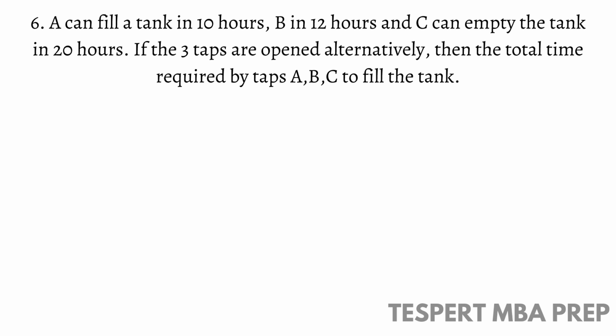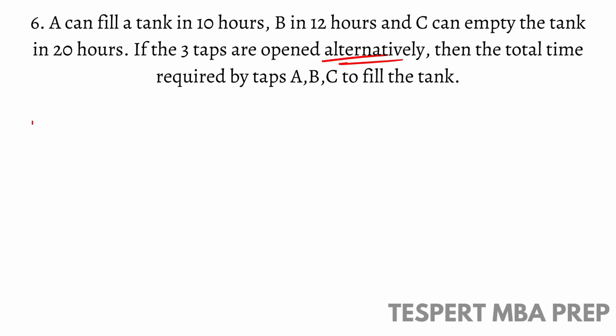A can fill a tank in 10 hours, B in 12 hours, and C can empty the tank in 20 hours. If the 3 taps are opened alternatively, then find the total time required by the taps to fill the tank. So we are asked to find the total time required. Okay, so this is a question based on alternative opening of the taps.